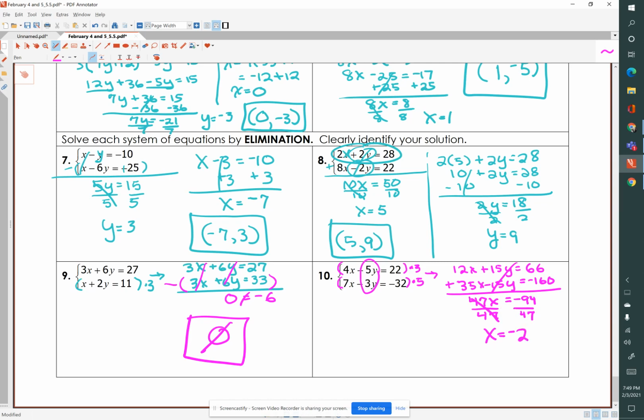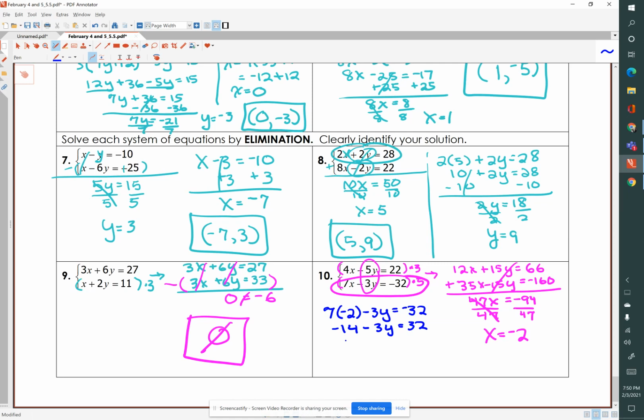And then I'll go ahead and substitute for x in this. Let's use the second equation. So I'm going to have 7 times negative 2, minus 3y equals negative 32. So that would be negative 14 minus 3y equals negative 32.